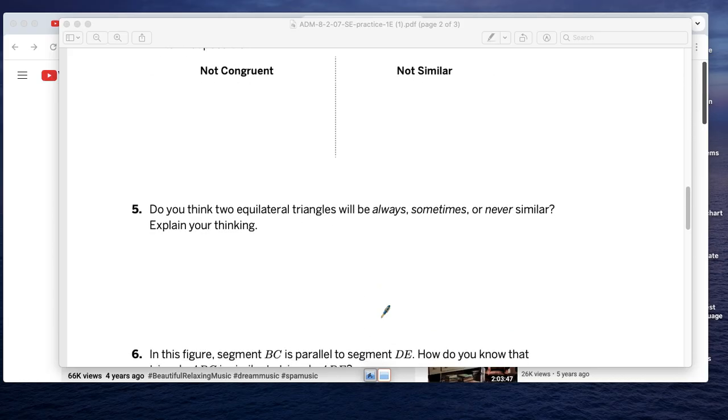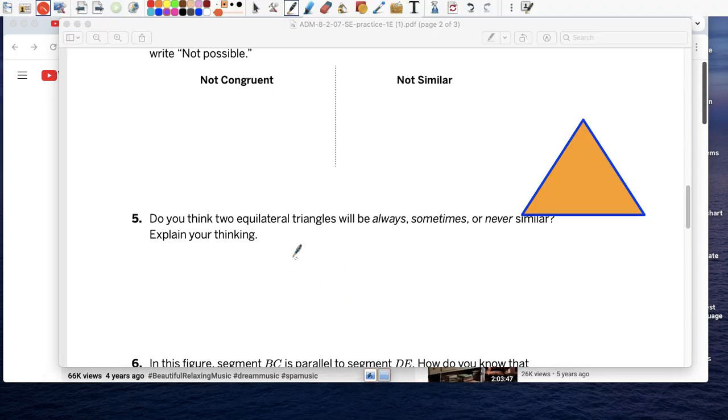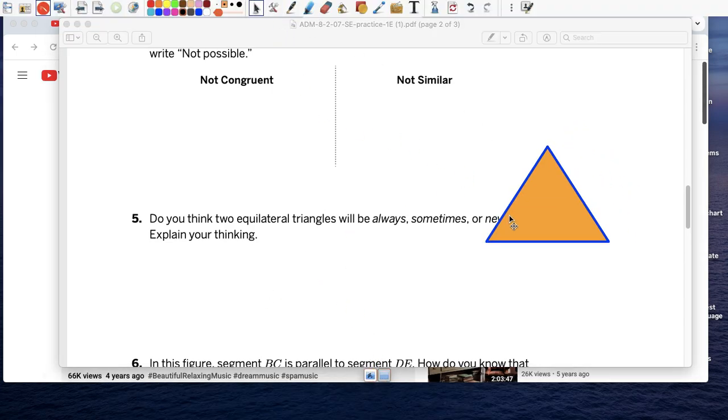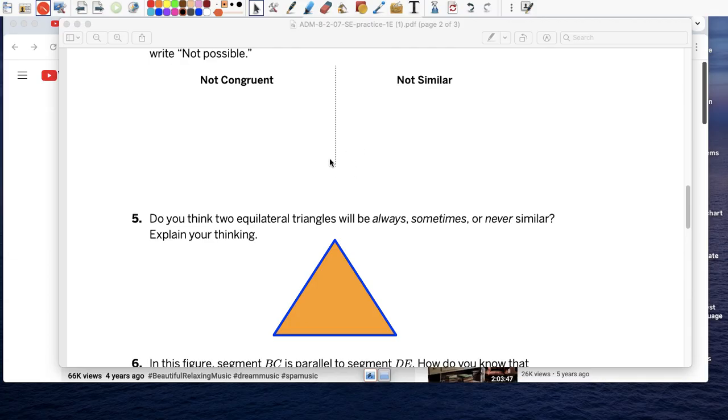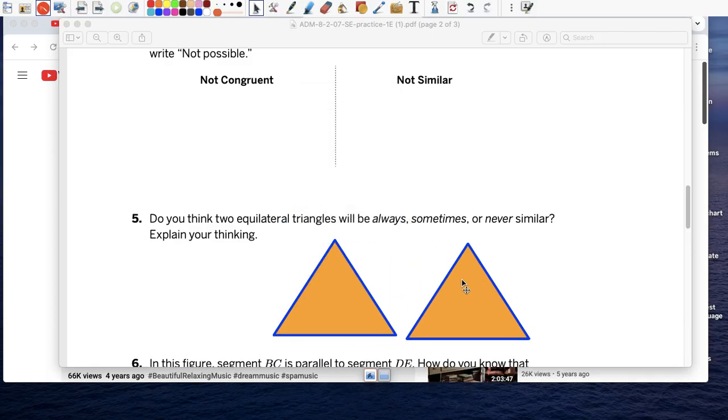Do you think two equilateral triangles will always, sometimes, or never be similar? In an equilateral triangle, first of all, what do we know about two equilateral triangles? So here's one, and let me duplicate that. Let me make that a different size.